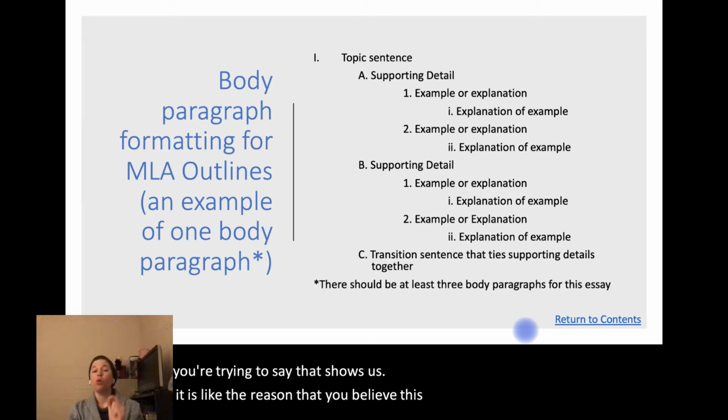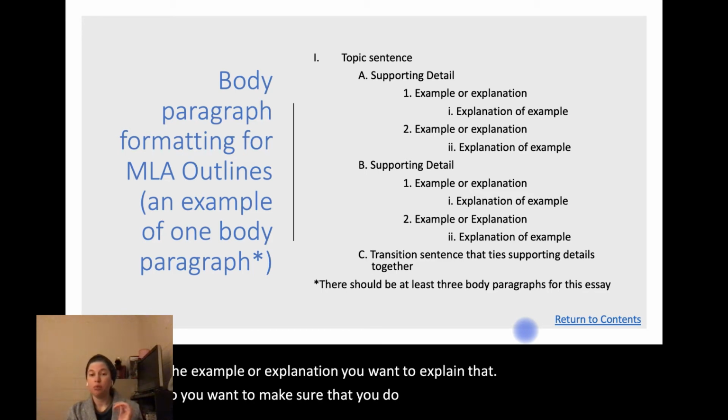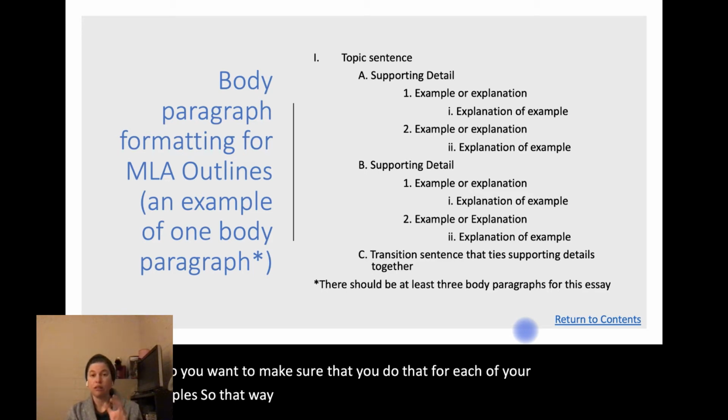Once you give the example or explanation, you want to explain that. You want to make sure that you do that for each of your examples, so that your reader clearly understands why it is that you say this thing.